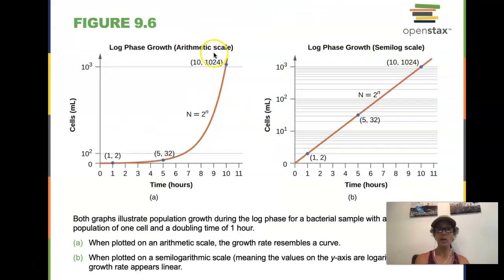If we were to count the number of cells present, we could depict it 2 different ways. I am not going to make you repeat this, but this is showing if we just did an arithmetic scale, then we get it shooting up because every single time unit we are doubling the amount of organisms present. If we do a semi-log scale, meaning we keep the time linear, but the number of cells logarithmic, then it appears to be more of a linear graph.